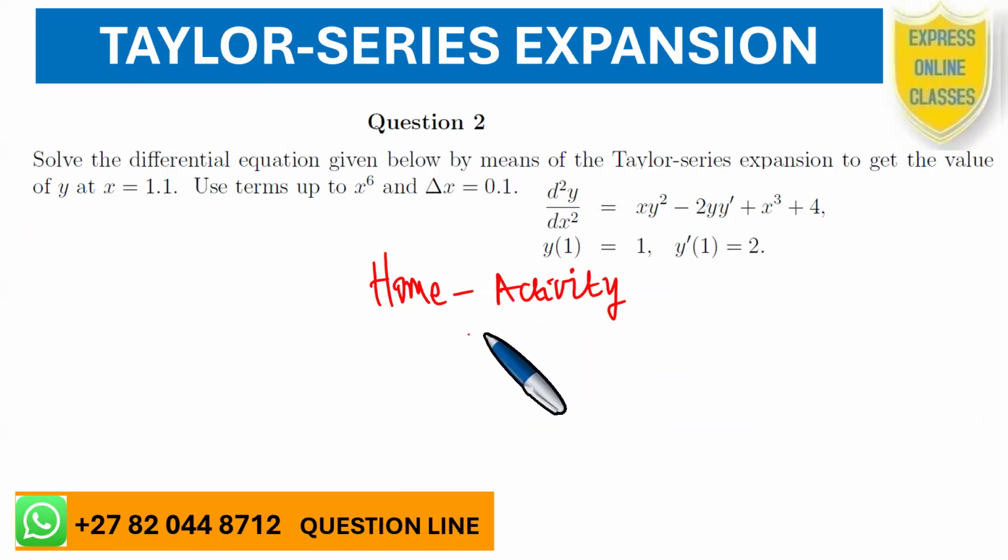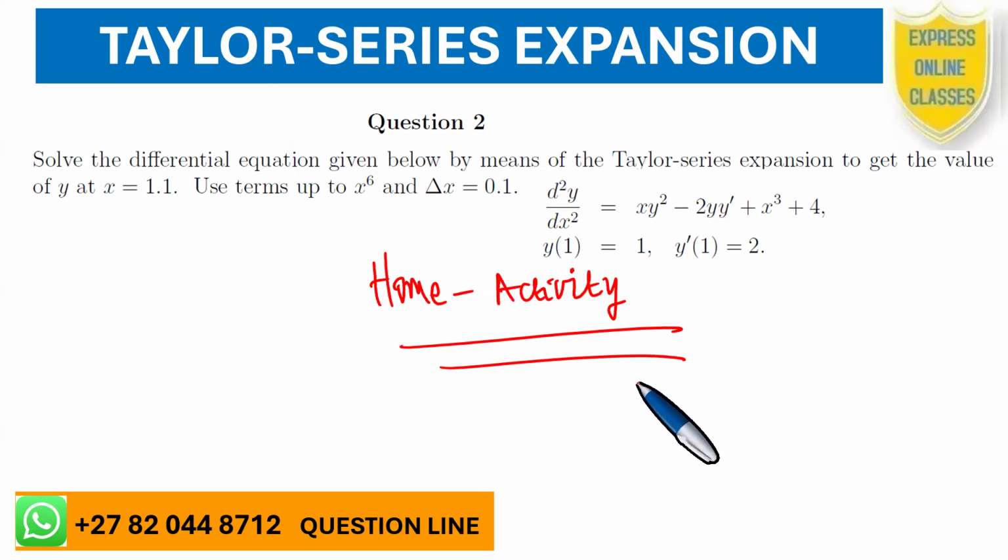You don't need to copy it down because we're going to send you the recording during the course of the evening. You will try this problem, but as said already, there are two methods that are cousins of each other. The Taylor series expansion.